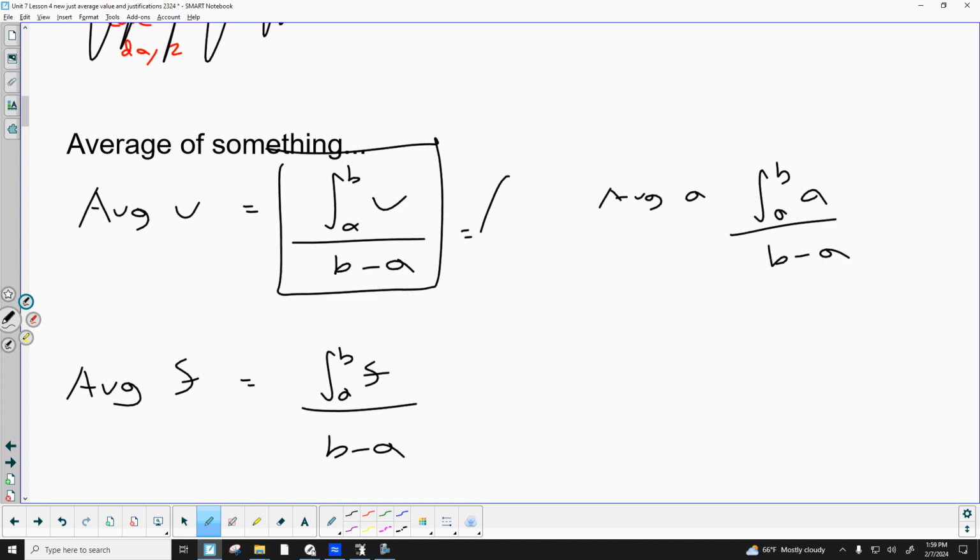Which brings us to something that some students ask me, not every student, very similar to average F: an average position. Now, this isn't usually the question students ask me.